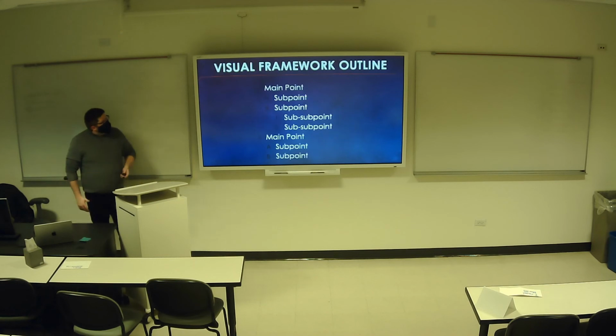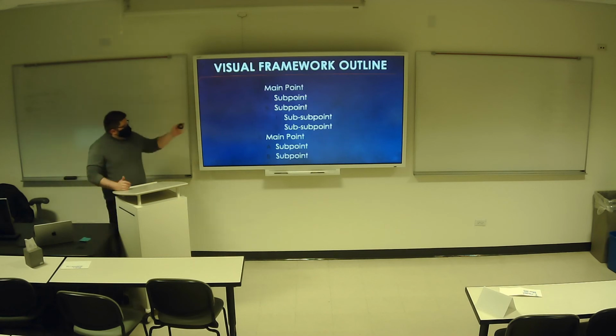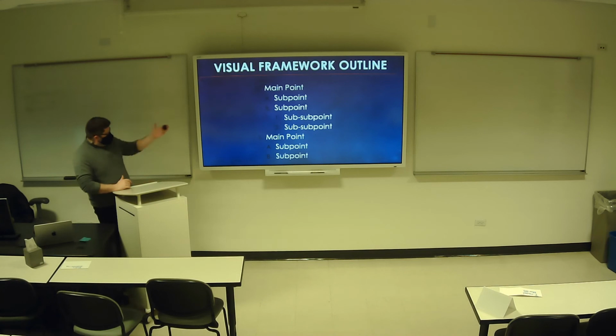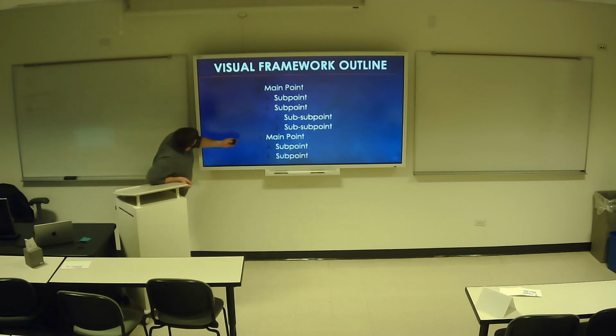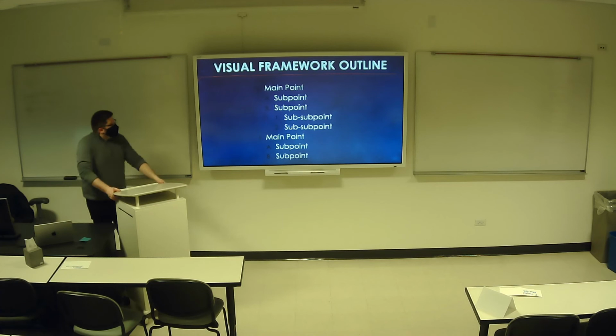An example of that framework is the main point, subpoint, or supporting points. You'll see in the outline that there's that indentation, and Roman numerals and numbers and letters. My Roman numerals are actually shaded in black for some reason, so I'll have to go in and correct that.